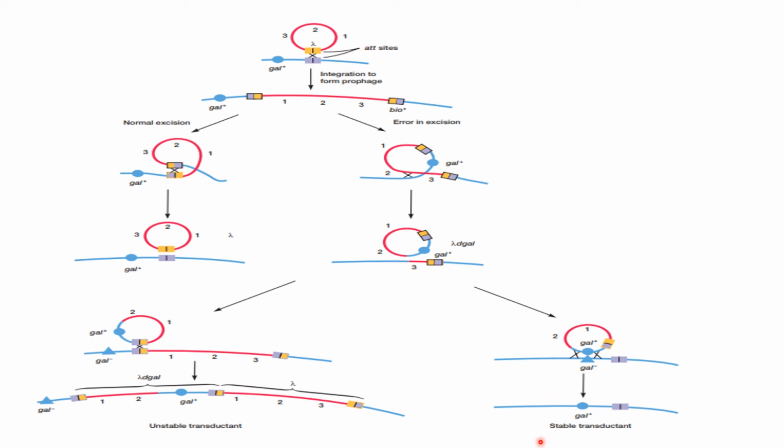Since only a specific gene is carried, that could be either gal plus gene or bio plus gene, since only a specific bacterial DNA is carried out here, it is called specialized transduction. You may omit this part for now because you might find it a little more confusing. So just concentrate on these events.